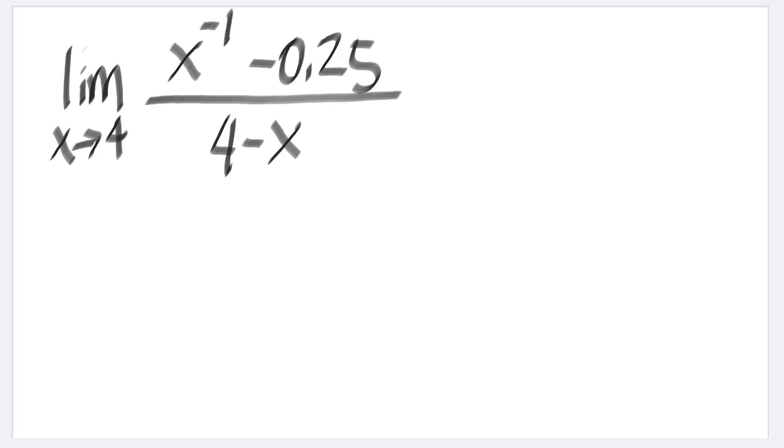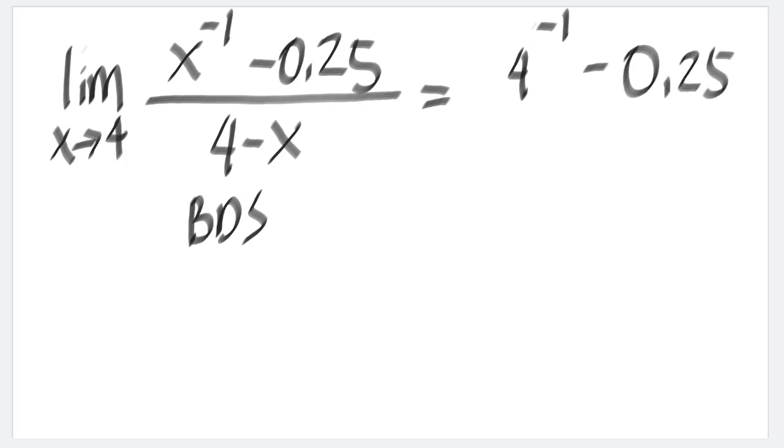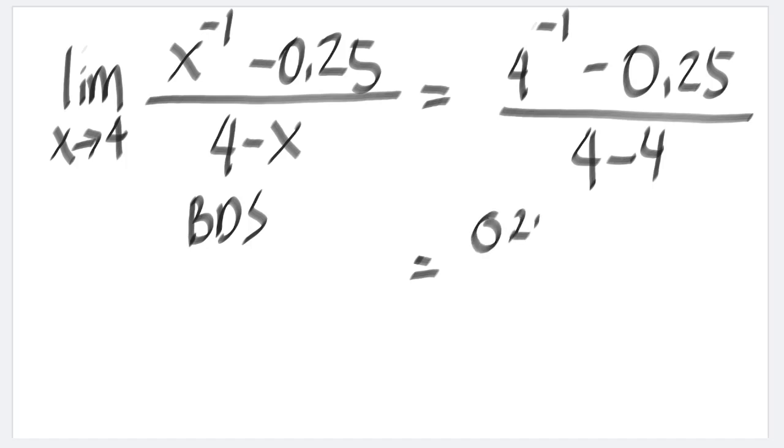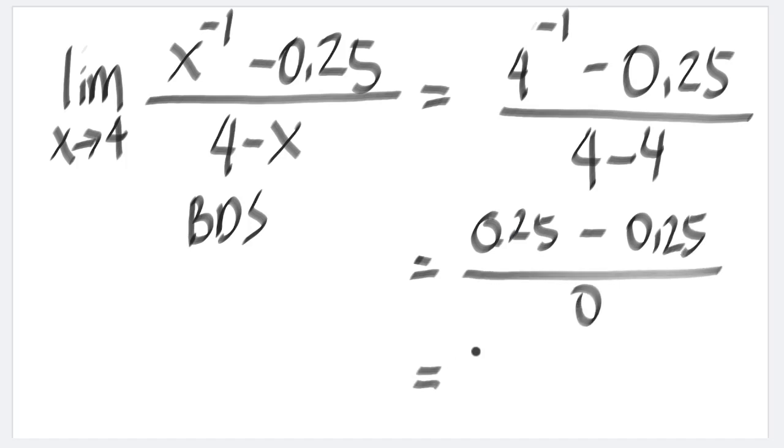Again, by direct substitution, this is equal to 4 raised to negative 1 minus 0.25 over 4 minus 4. 4 raised to negative 1 is just equal to 0.25 minus 0.25 over 0. And this is equal to 0 over 0. Another indeterminate form of your limit.